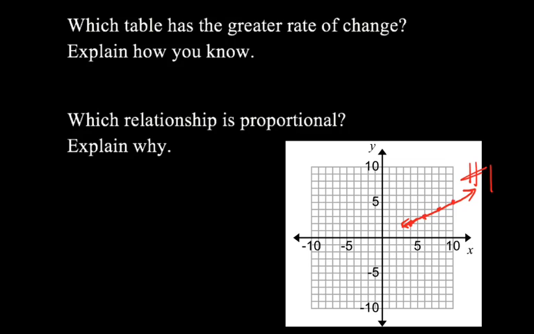Let me get a different color for table 2. For table 2, I have (-4, -10). It's going to be really easy to make a mistake on this if you're not careful, so double check that you're plotting everything in the right spot: (-4, -10), (-2, -6), (0, -2), and then (2, 2).